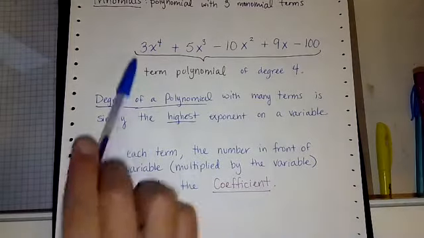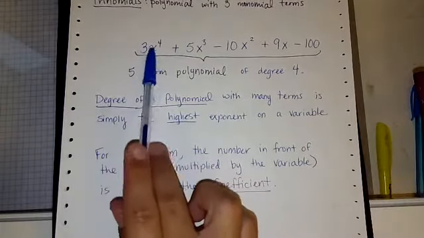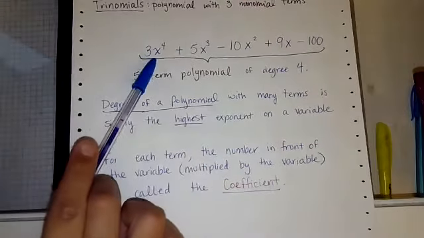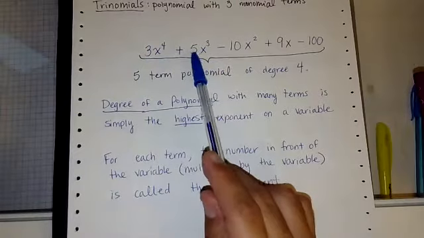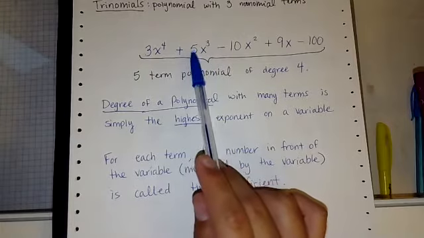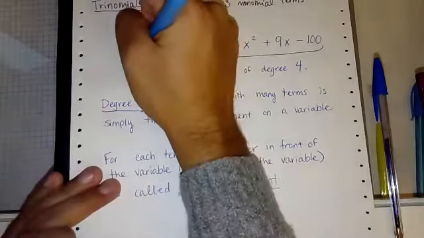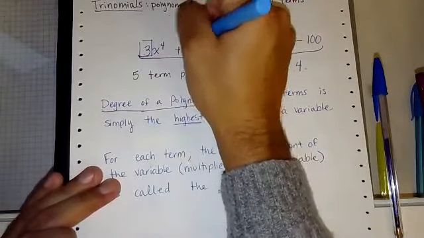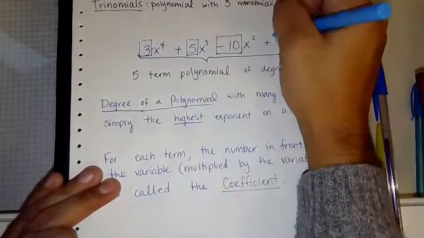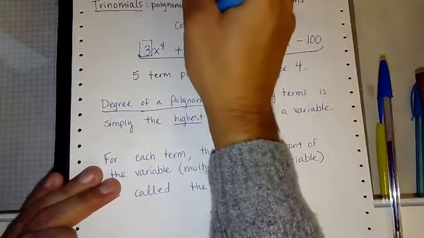Okay, so if we look at this 5-term polynomial, we can say that this term, the x to the 4th power term, has 3 as its coefficient. And this term here, 5x to the 3rd power, has a coefficient of 5. Right? So the number that's in front of the variable is called the coefficient.